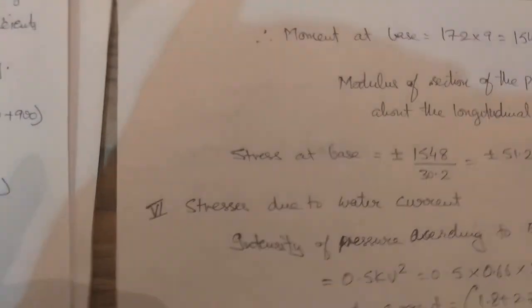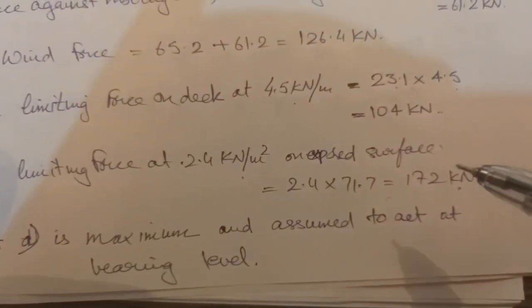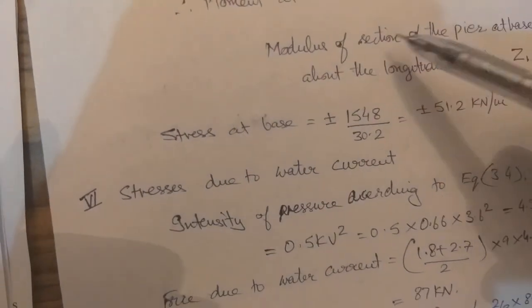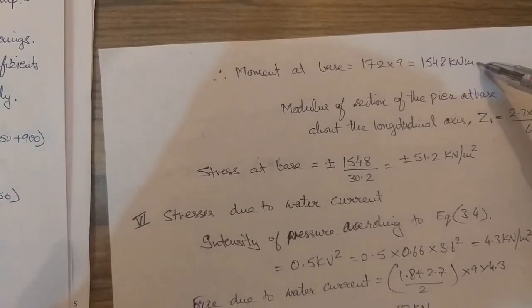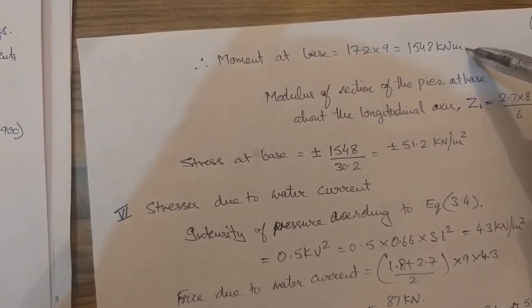Now, what will the moment at the base be? The moment at the base will be 172, which has been taken from this figure as the maximum load, into 9. This gives me the moment, which will give me the stress at the base of the pier.